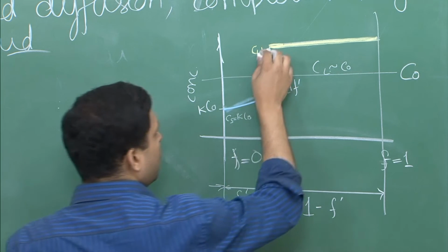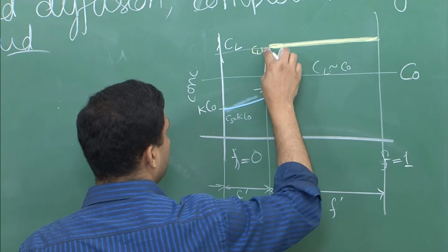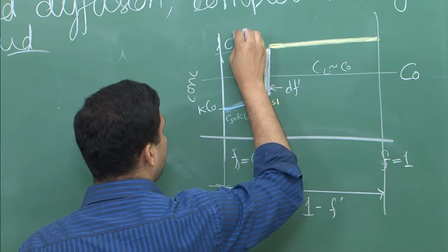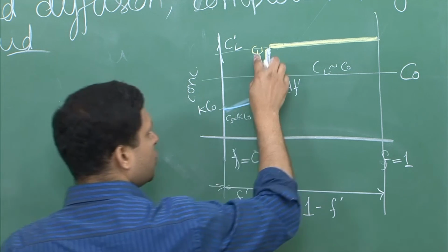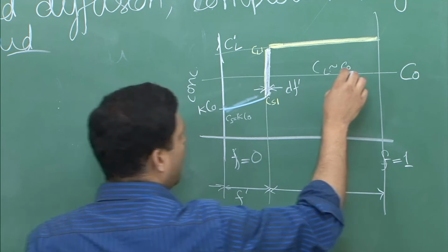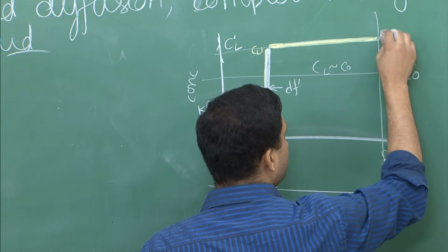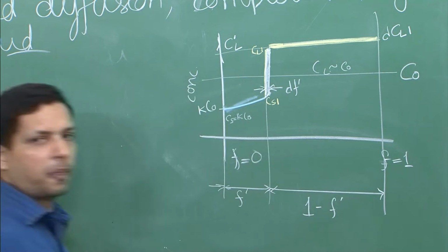The concentration of liquid over here was Cl. Instead of Cl1 we will call it Cl prime, because we are putting all the variables for now at prime. So Cl1 is equal to Cl prime basically. So here it was Cl1 and it has increased by a small amount dCl1.